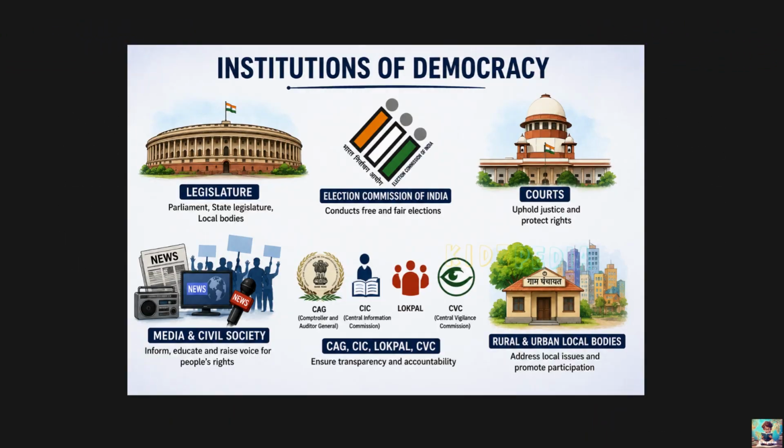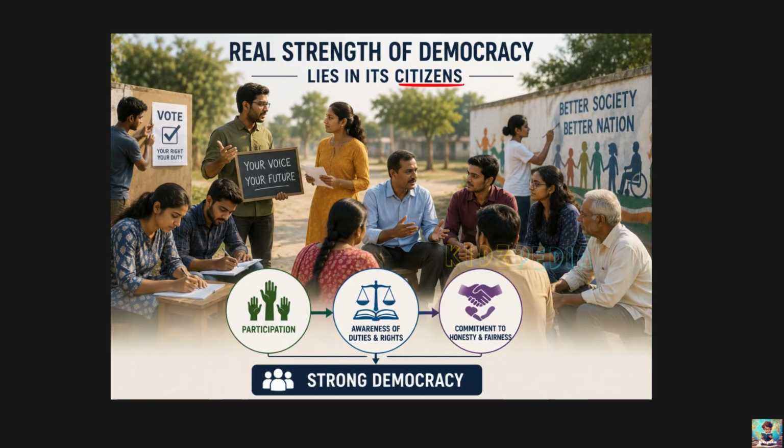So, we have talked about democratic institutions and how they work. But there is something even more important, the citizens themselves. A democracy can have elections, parliament, courts, and all the necessary institutions. But these institutions cannot work properly if the citizens do not participate. Citizens also need to know their rights and duties and use them responsibly. They should also value honesty and fairness in public life.